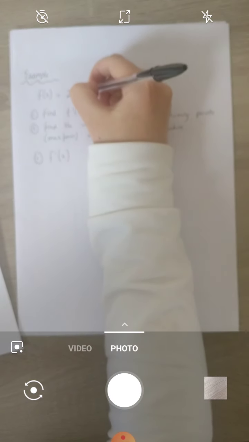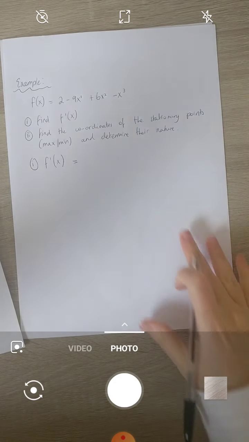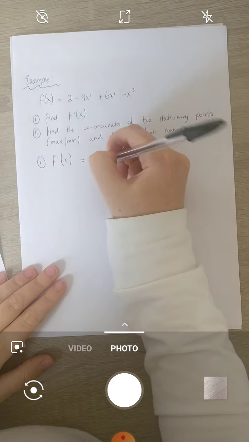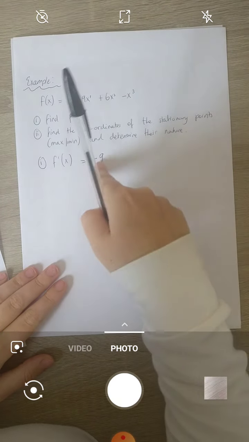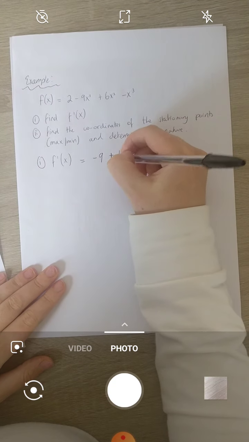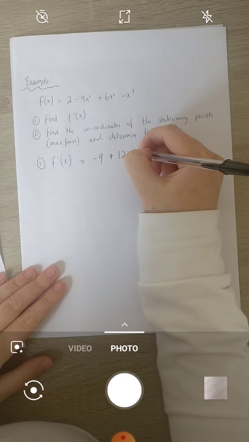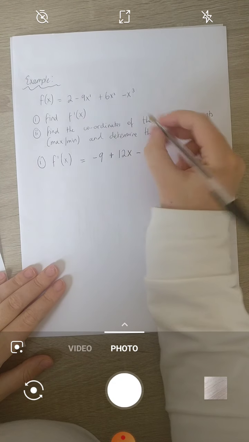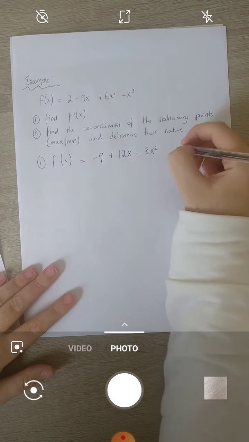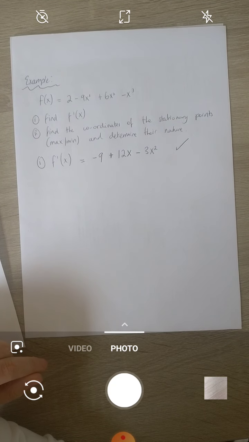The minus 9x is minus 9x to the power of 1, so we have minus 9, and that will be x to the power of 0, which is 1, so it's just minus 9, plus 2 times 6 is 12x to the power of 1, and then minus 3 times x, reducing the power to 2. So that's your final answer to part 1.